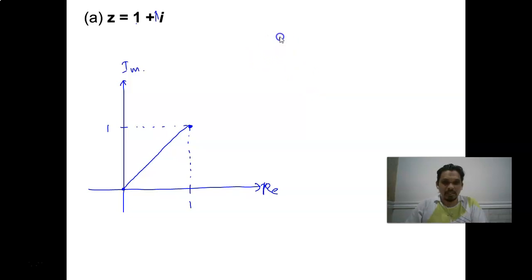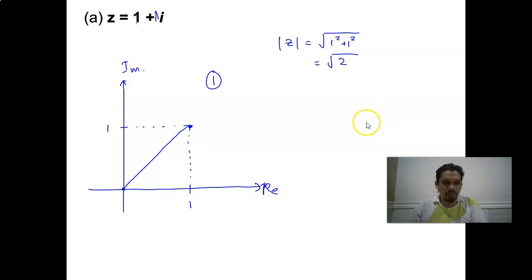Okay. So then the modulus of Z is the square root of 1 squared plus 1 squared, equal to the square root of 1 plus 1, equal to 2. Okay. And it lies in the first quadrant.